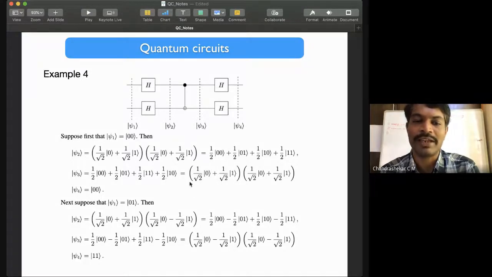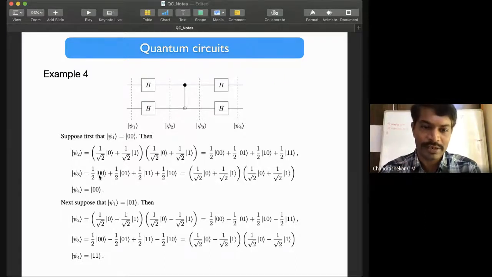So if I'm rewriting them, what we do after this psi3 is again apply a Hadamard operator. We have not written the state explicitly, but you can redo one more intermediate step for yourself.